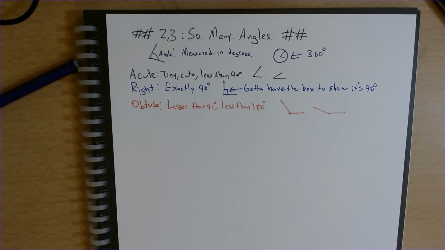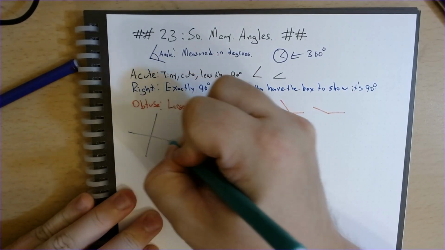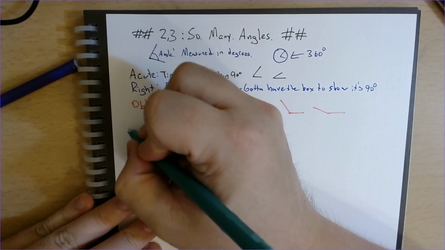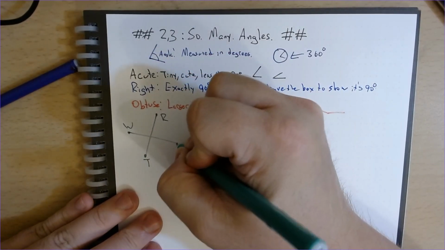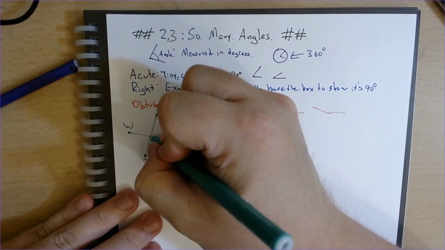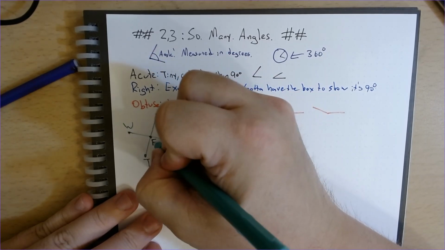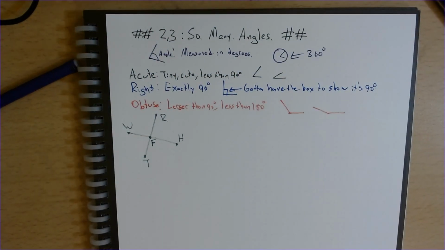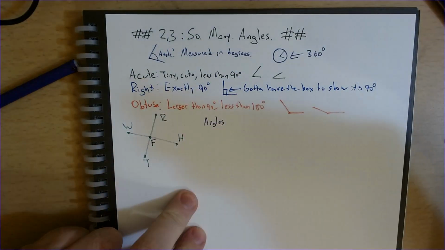So the next thing, before we get too far into this, is how do we label angles? Let's just say I gave you this mess and I called these points W, T, R, H, and this middle part is F. So angles are labeled by three points, unless someone has been nice enough to number them for you.